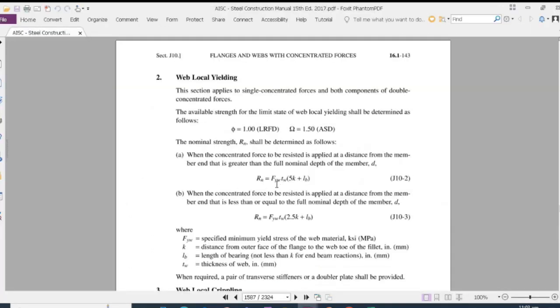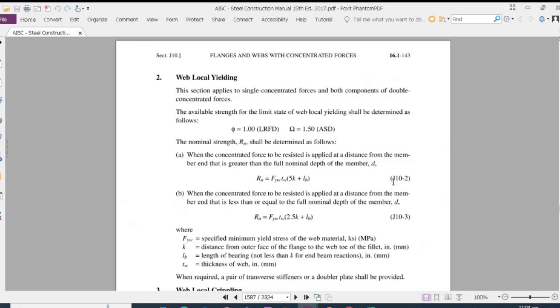Thus, Fyw times tw times (5k plus lb) will give us the expression J10-2. The expression J10-3 is Fyw times tw times (2.5k plus lb).